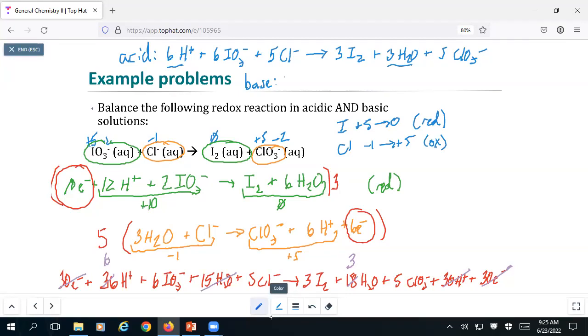So it's 3 water plus 6 iodate and 5 chlorides make 3 iodine, 6 hydroxide instead of hydrogen, and 5 chlorate.